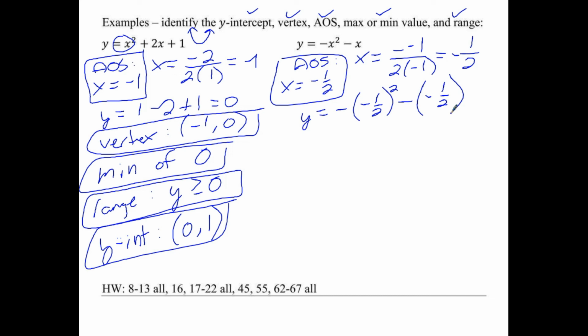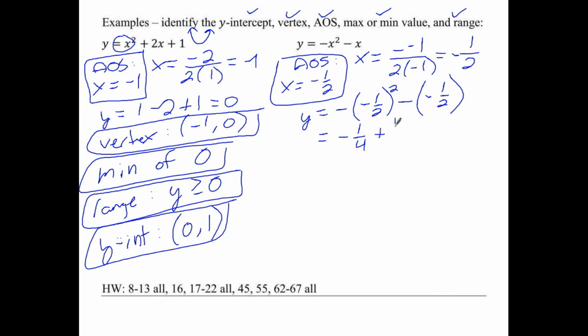Don't try to do this one in your head. It's too much. Okay, now, order of operations says exponents happen first. So negative 1/2 is being squared. What do you get? Positive 1/4. But then the negative out front says, actually, this thing is negative 1/4. Now over here, we have negative, negative 1/2, which is positive 1/2.